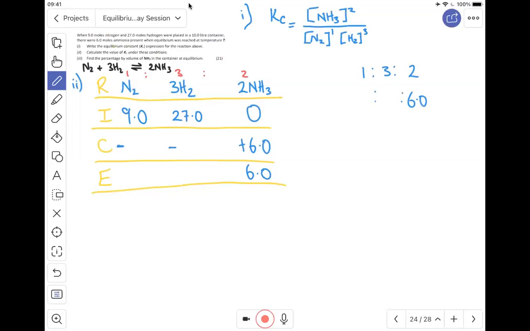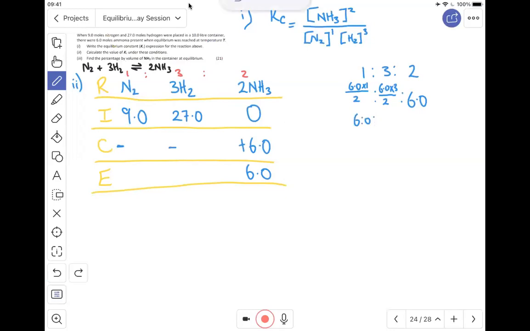To figure out the ratio of 3, I would do 6.0, divide it by 2 and multiply it by 3. So I'm dividing by the original ratio of 2 and multiplying by 3. Similarly, for the ratio when it's 1, I would do 6.0 divided by 2 and multiply that by 1.